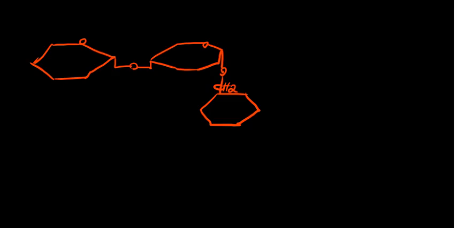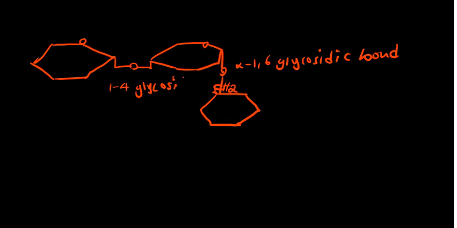So this means that there was hydrolysis here. The water molecule was lost. You removed OH here, and here you removed one hydrogen to form a water molecule. So this will be carbon number 6. So that's where you are going to have the alpha 1,6 glycosidic bond, in addition to this 1,4 glycosidic bond.